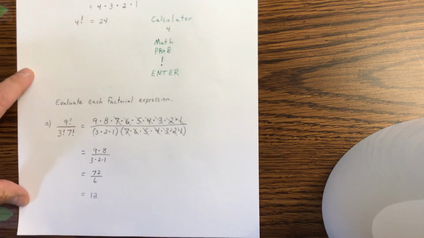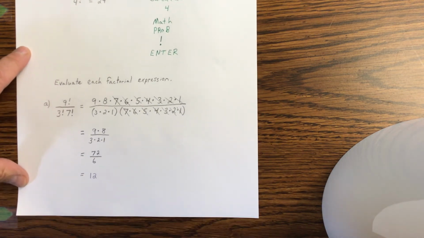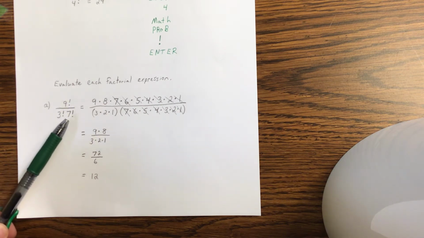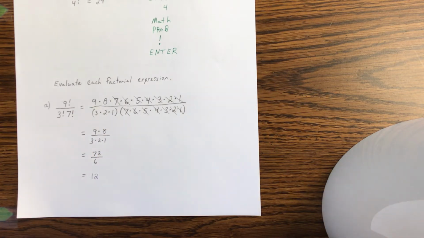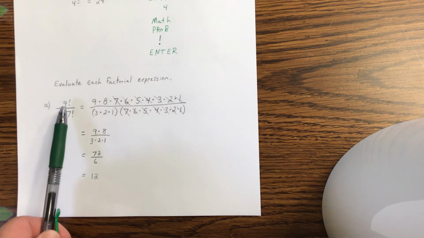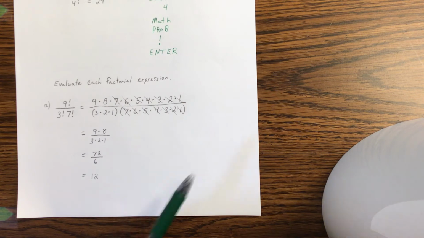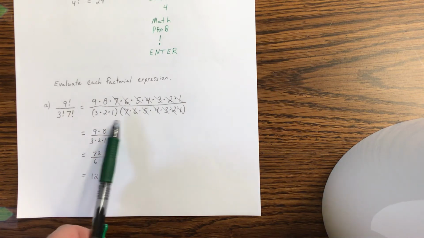Another example is evaluating this factorial expression, which is 9 factorial divided by 3 factorial times 7 factorial. Now, this one I did without using the calculator. We already know 9 factorial is just 9 times 8 times 7 all the way down times 1. 3 factorial is 3 times 2 times 1.